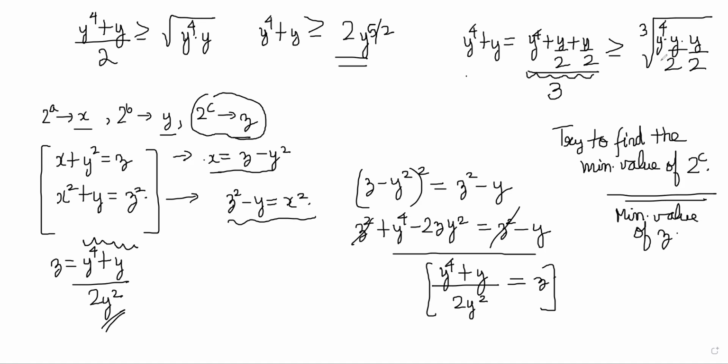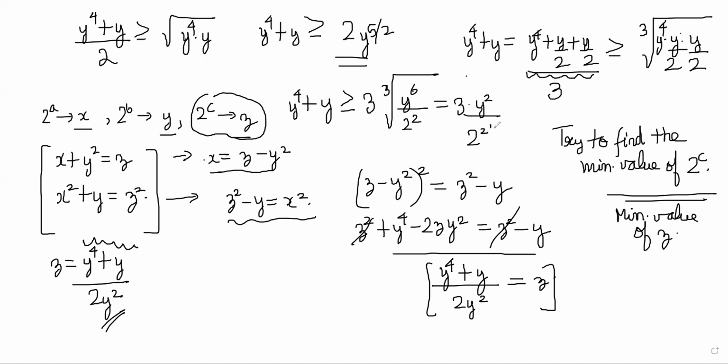Now why is this better? Because here you will get Y^6 over 4, and the cube root of Y^6 will give us a Y squared, right? So we can say Y^4 plus Y is greater than or equal to thrice the cube root of Y^6 over 2 squared, which is equal to 3 times Y squared over 2^(2/3), right?